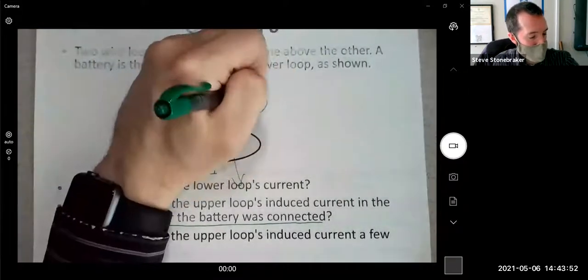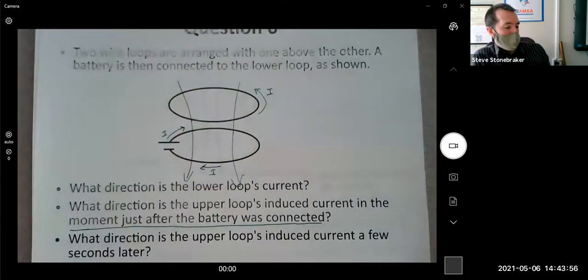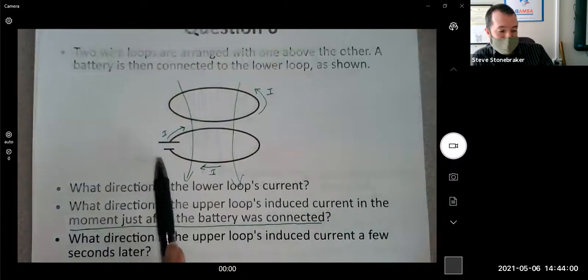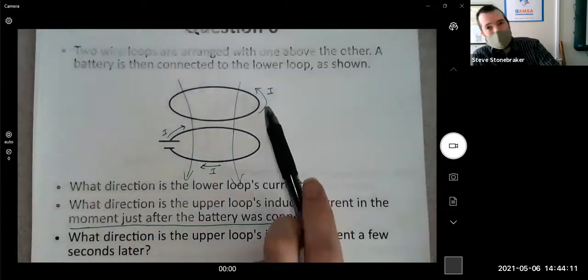So the induced current has to go the other way. And then a few seconds later, once the bottom loop is on, the flux will no longer be changing. And so the current in the top loop would disappear.